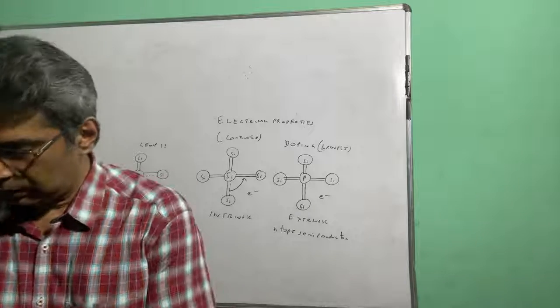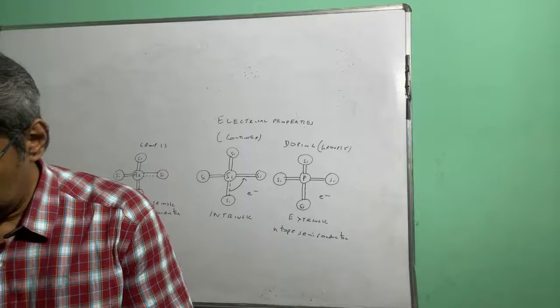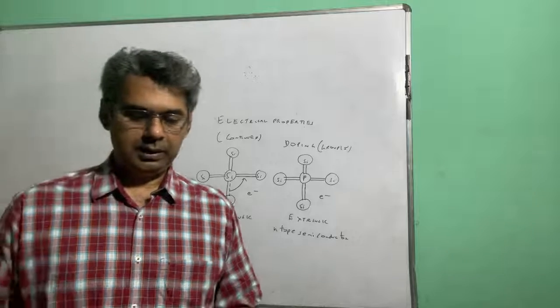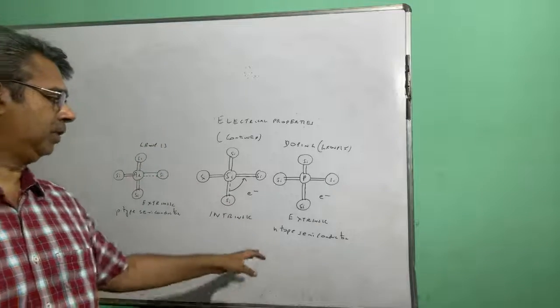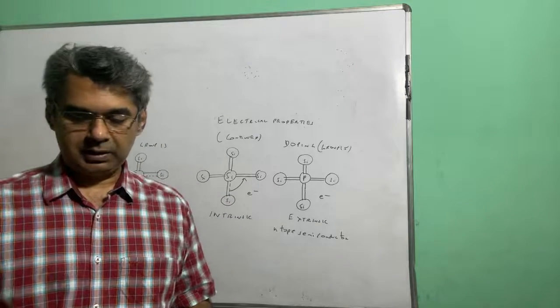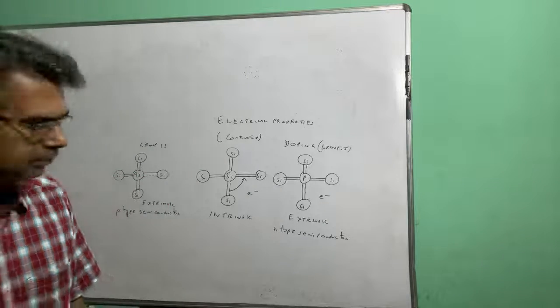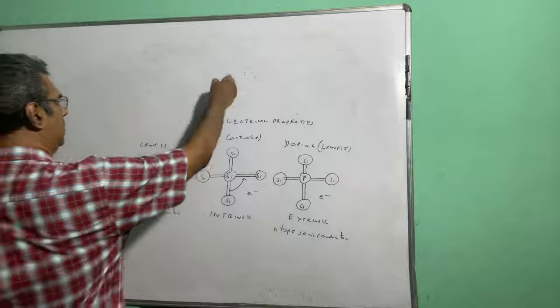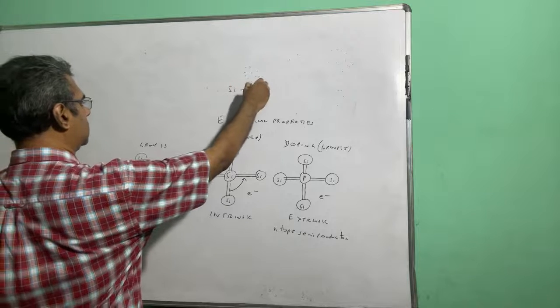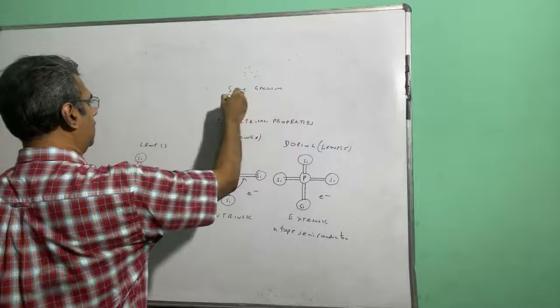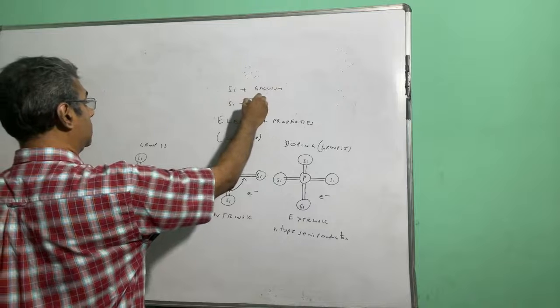Now your homework is that you will have to draw this type of diagram for the extrinsic semiconductor, in which silicon plus gallium and silicon plus arsenic.